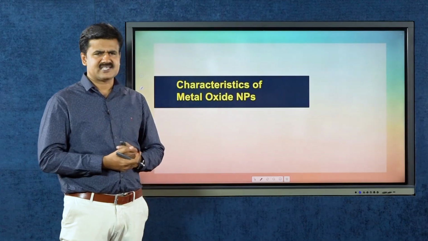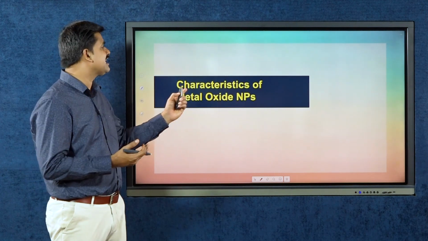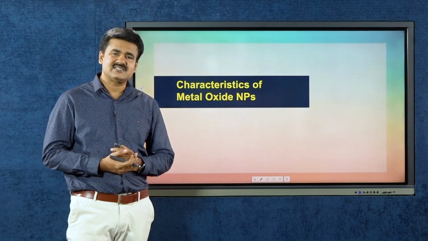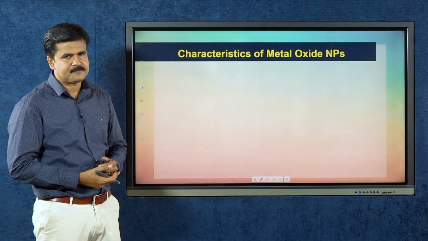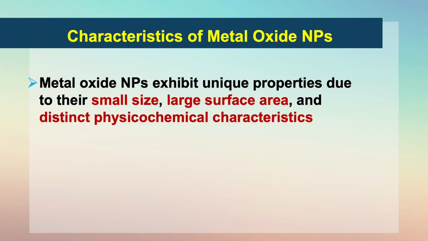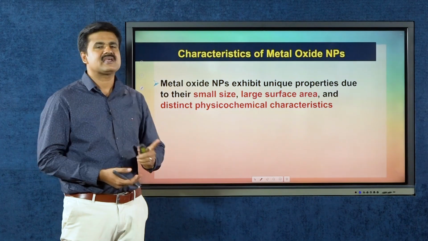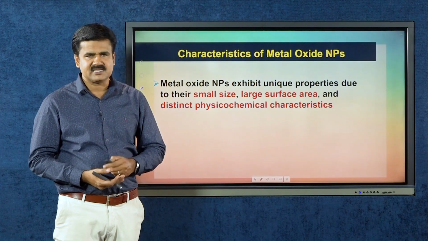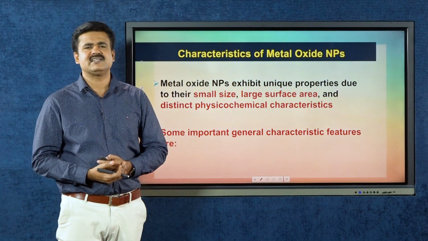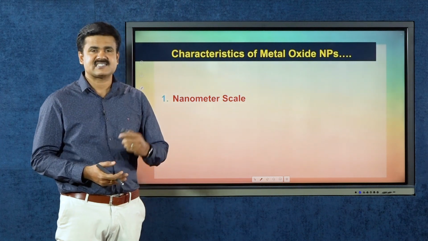Now we are focusing on important characteristic features of the metal oxide nanoparticles. The metal oxide nanoparticles exhibit unique properties owing to small size and large surface area. Distinct physicochemical characteristics are owned by them. Some important general features are described here.